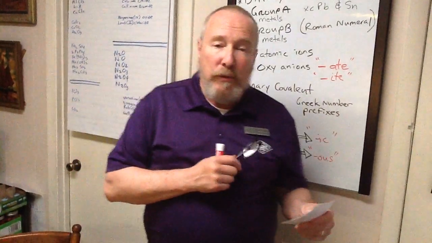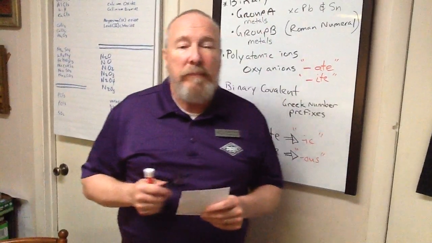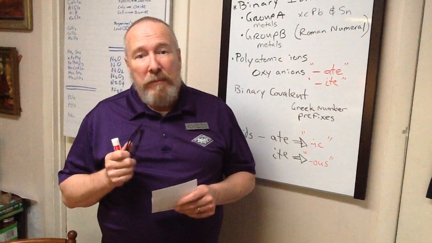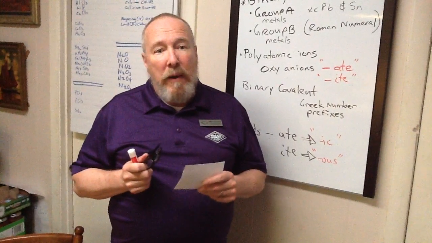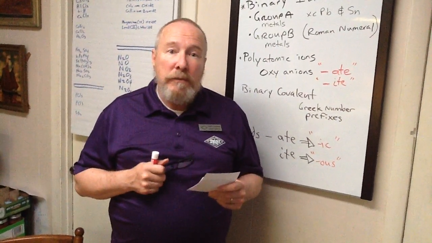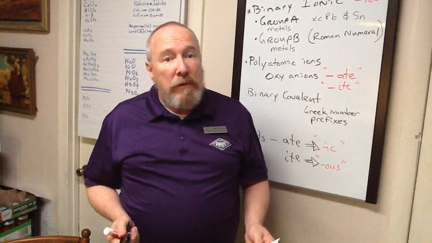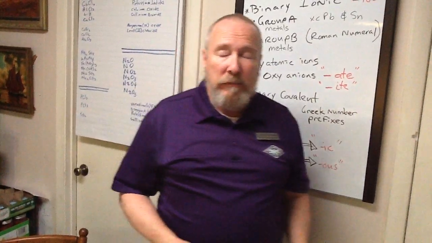And remember the rules. If you are group 1 or group 2, and really group 3, at least for aluminum and I want to say gallium, if you want to know the charge, there are several ways to tell, but the charge is equal to the group number when those metals ionize, lose electrons.